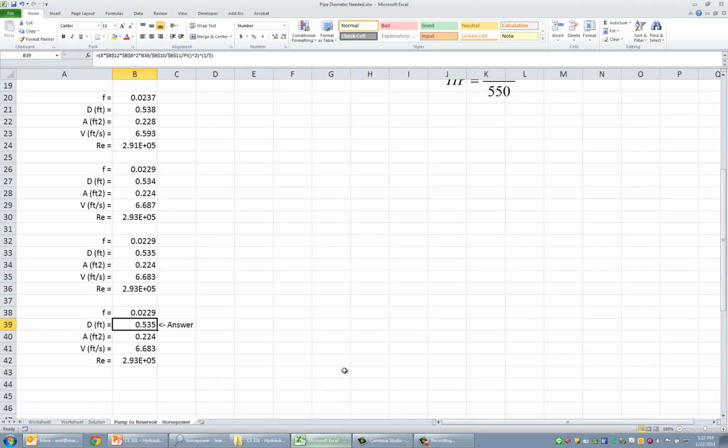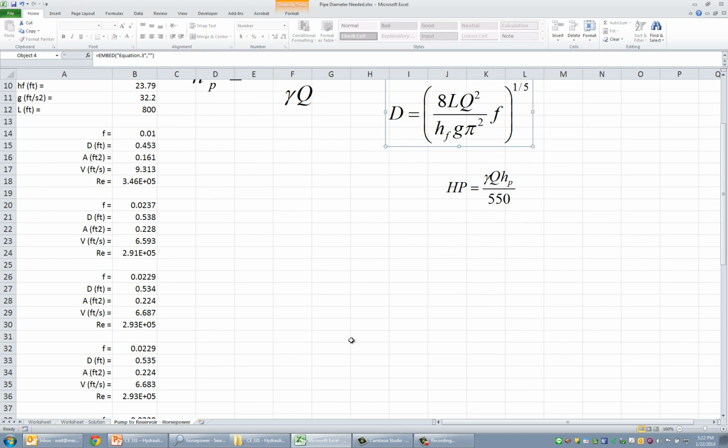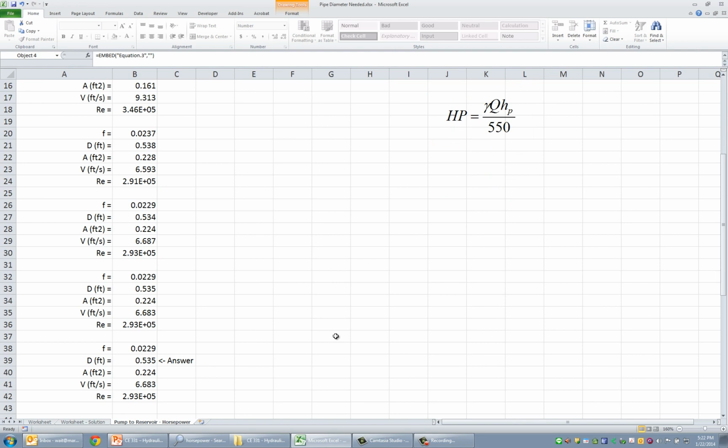And it was with the energy loss calculation, h sub f, that we were able to determine what the diameter of the pipe that's required is. And so our final answer here, 0.535 feet, is the diameter of the pipe that's required.